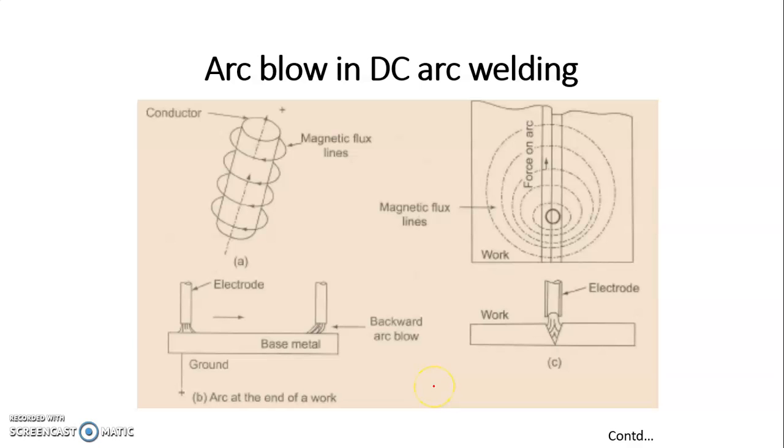Now I am going to discuss the arc blow in DC arc welding. There is an arc blow in DC welding because of the magnetic flux. Why did arc blow occur in DC welding?